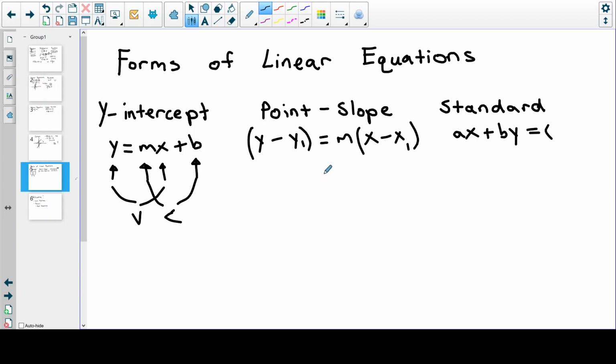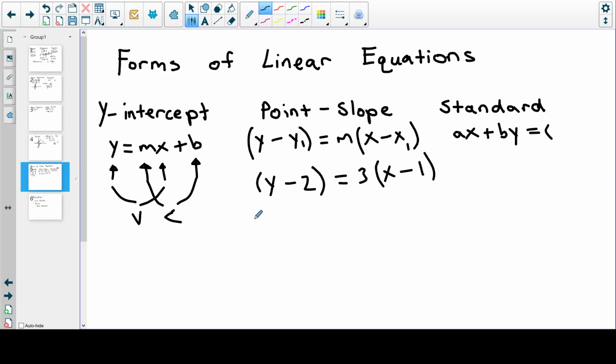So I'm going to move now to point slope. And if you want examples of y-intercepts, I have previous videos where we use examples of y-intercepts. But the point slope is a different form that you may encounter, and I'll give you an example here. So y minus some constant like 2 equals m, which is going to be some slope, let's say 3, times x minus 1.